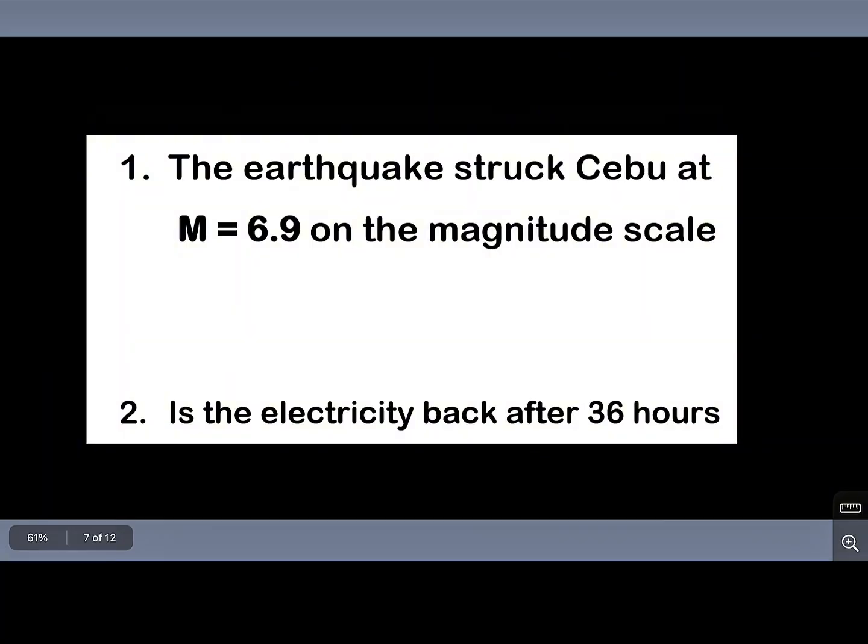Let's move on to our practice test. Number 1, the earthquake struck Cebu at M equals 6.9 on the magnitude scale, which is true. Then we identify this one as a proposition.